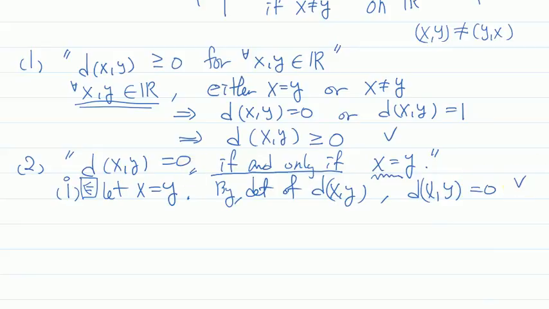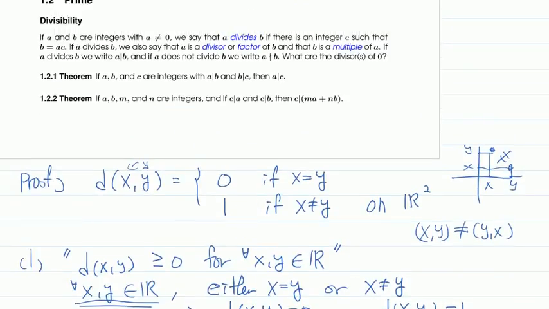So the first part is okay, but the second one, we have to prove this direction too. We have to start with d(x,y) equal to 0, and show that x and y must be the same real numbers. Now the problem is, in the given definition of d, there is no such thing. We always start by comparing these two, x and y.